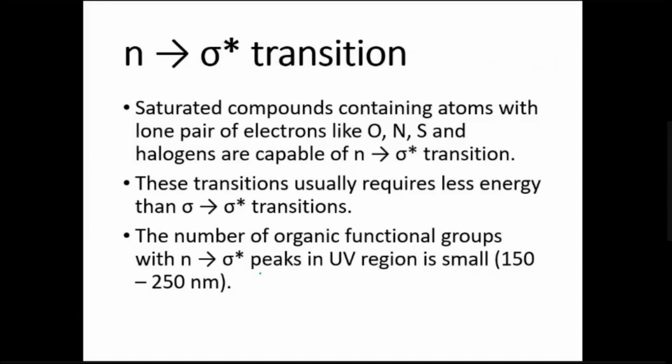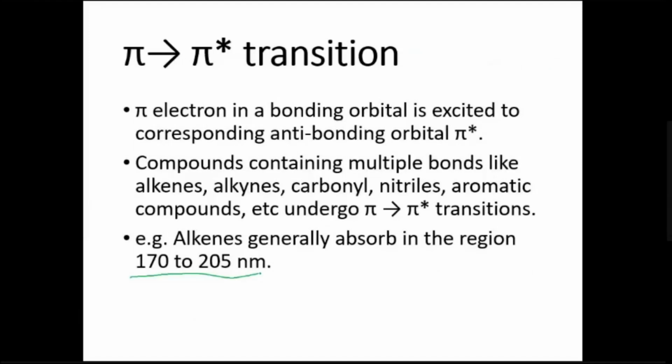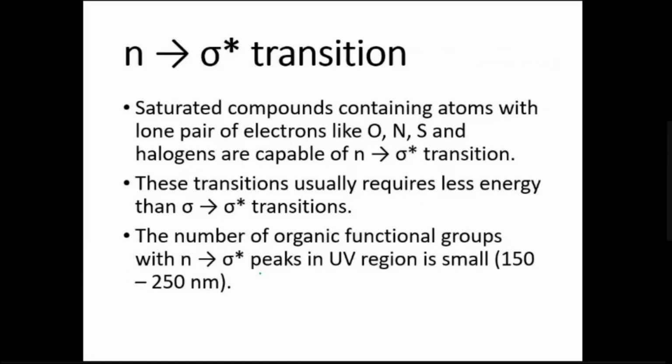Next is n to sigma star. Now, which compounds, as per your guess, will show this n to sigma star transition? Obviously, you will require heteroatoms like nitrogen, oxygen, sulfur, and these heteroatoms should be connected to other atoms, say carbon, via a sigma bond.